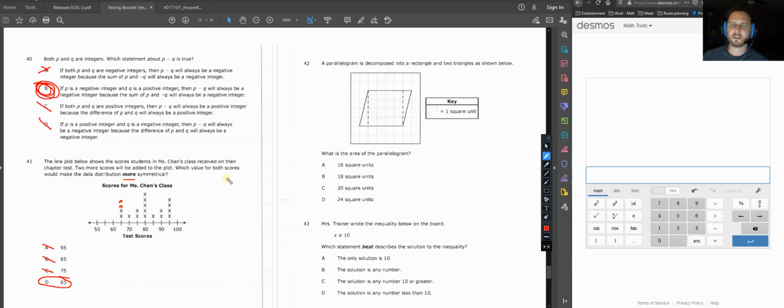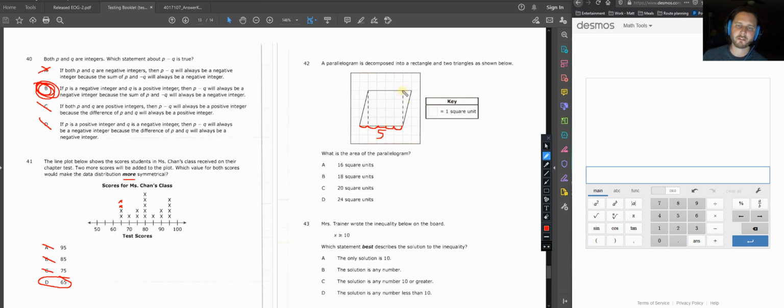Number 42, this was not meant to trick you guys, but for some reason, some of you are still convinced that this is not one full section, but it is. All we need is the base times the height. So, 1, 2, 3, 4, 5 units is the base.